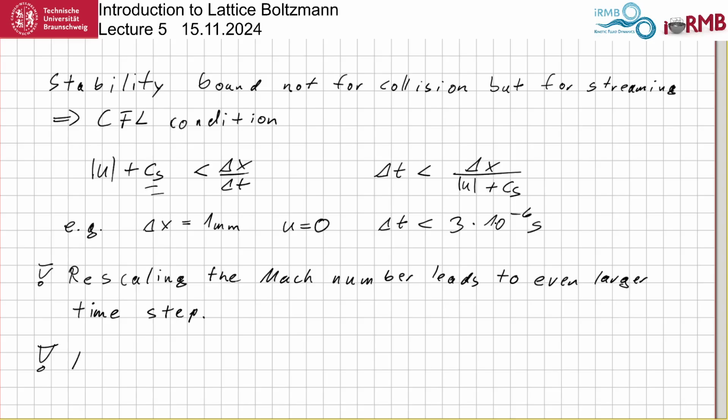Now, the answer to the question above, why we are not completely insane to use the Lattice Boltzmann method, a kinetic solver, to solve the Navier-Stokes equation, is that this is still efficient only due to the ability to do over-relaxation.